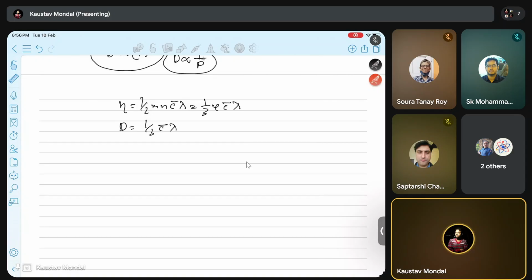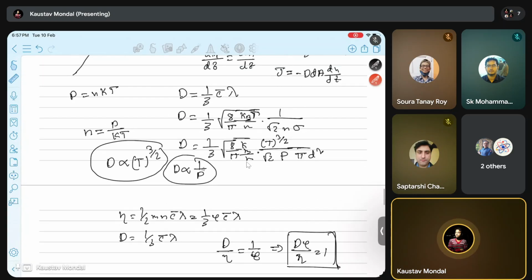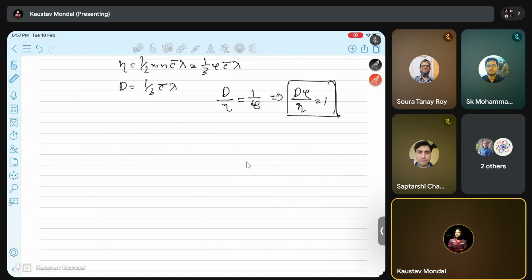So if you take the ratio of both D and eta, it will give you 1 by rho, right? So that means D rho by eta is equal to 1. So this is also constant basically. Okay, so basically this is the relation between the diffusion coefficient and the coefficient of viscosity.